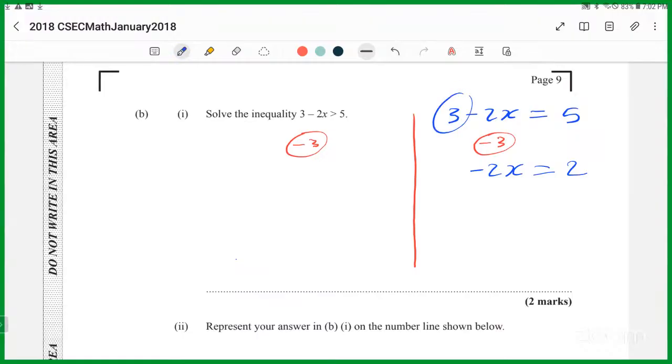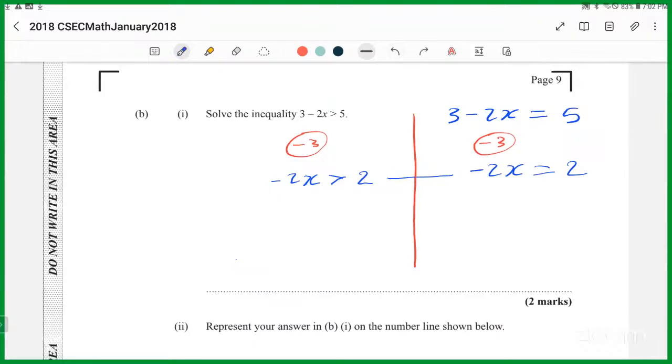You say, take the 3 over here, carry it over, it becomes minus 3. 5 minus 3 is 2. But theoretically, you're subtracting 3 from both sides. If I subtract 3 from both sides of this one, I get the minus 2x just the same. The sign stays the same because I did not multiply or divide, I only subtracted. If I subtract 3 from this side, I'm still going to get 2 as well. So these two look alike, right?